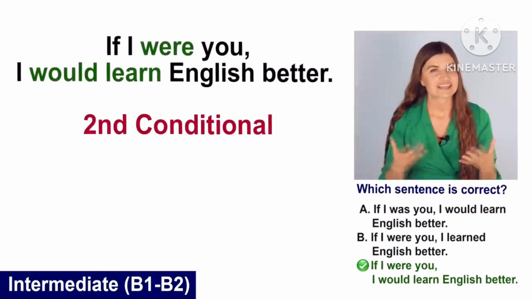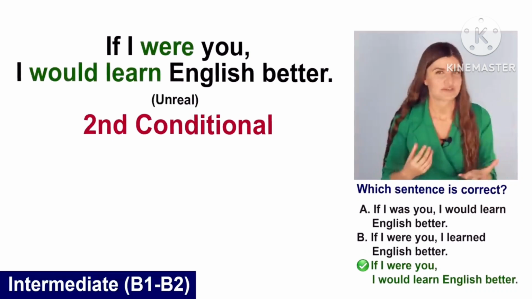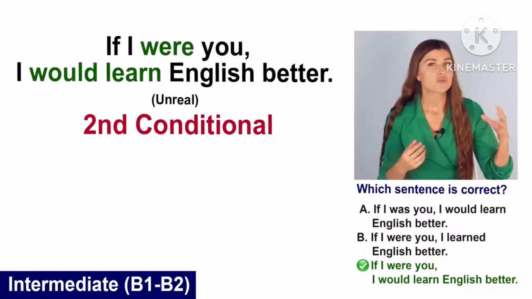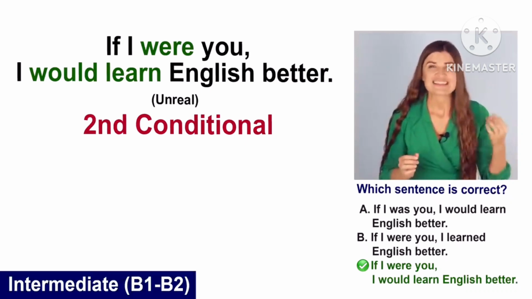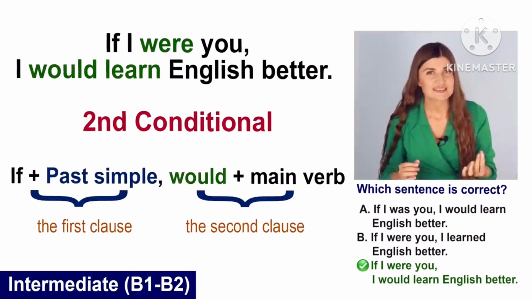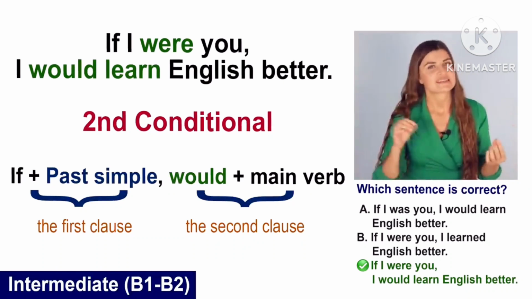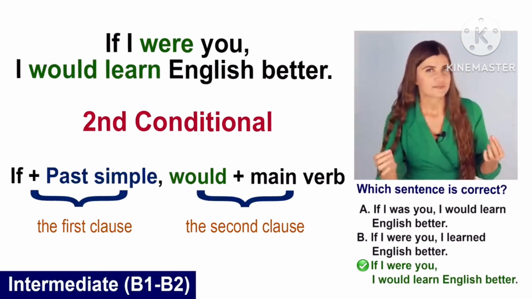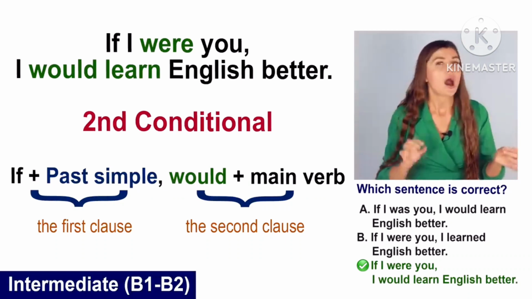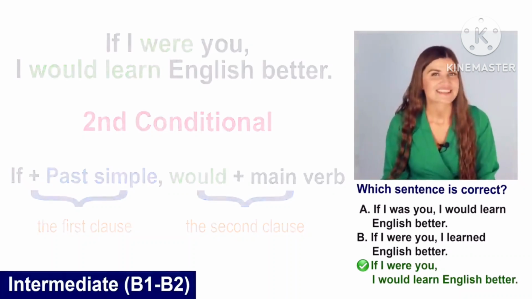We use the second conditional when we're talking about an imaginary situation. If I were you, this is an unreal situation. In second conditional sentences, the first clause is the past simple and the second clause is would plus a verb infinitive. If I were you, I would learn English better. This is the correct answer.